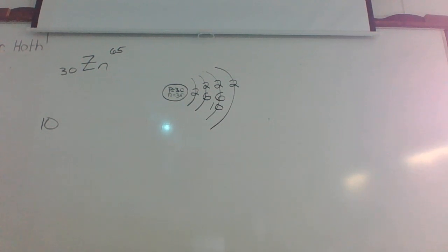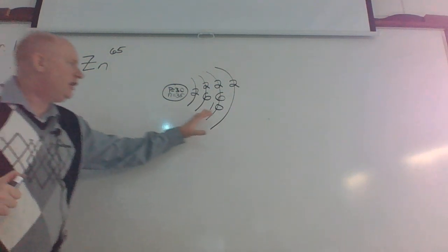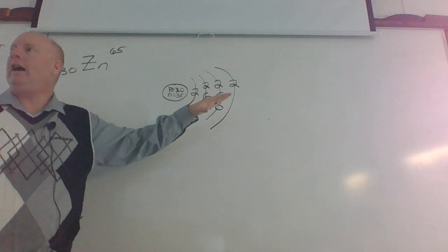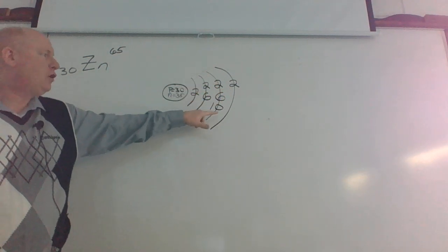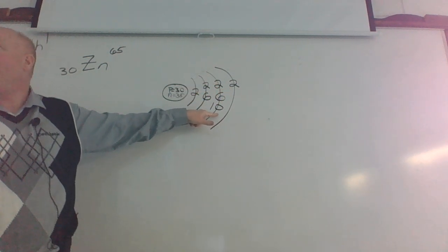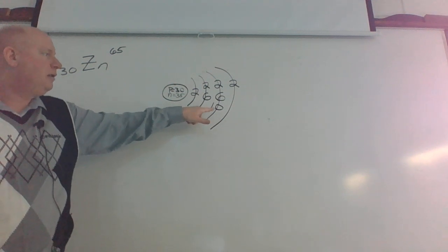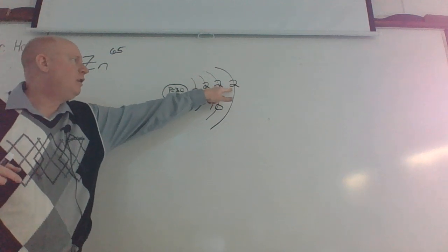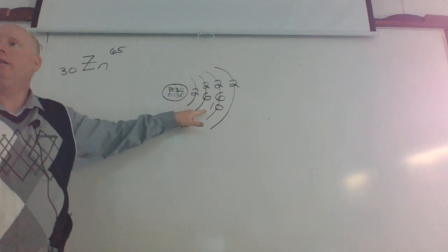And what that is saying is that these electrons, it's kind of like going downhill. That's why those 10 electrons are going into this energy level, because it takes less energy to fill this one before that one.